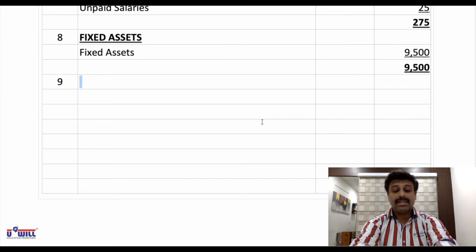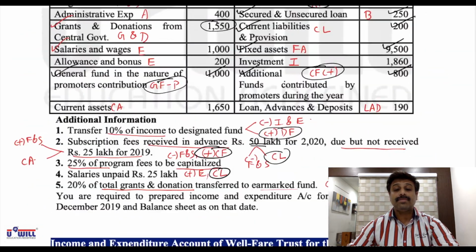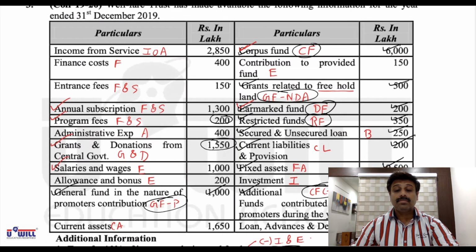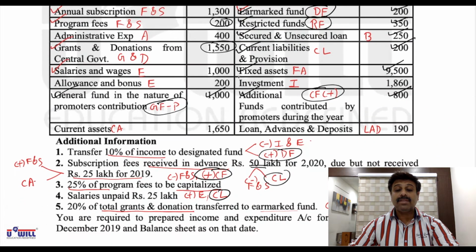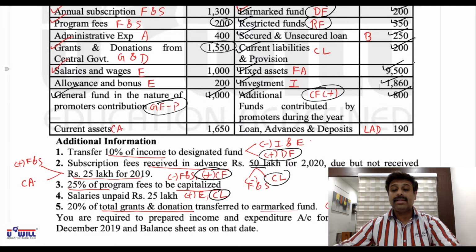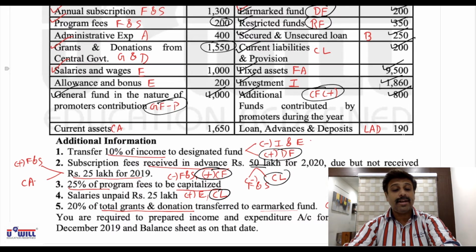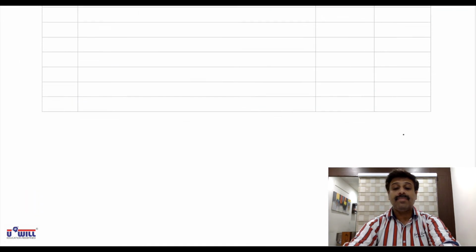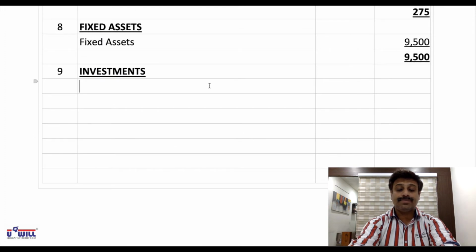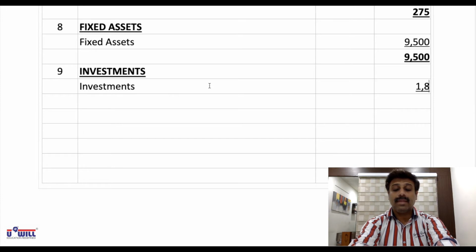Then after fixed assets we'll have investments. I marked items. Directly investments are also given as 1860 and there is no hidden adjustment again related to that like we had yesterday. So investments 1860 and that itself will become the total also.